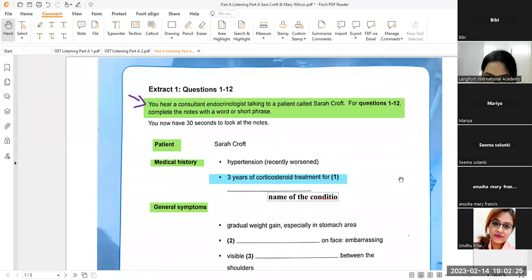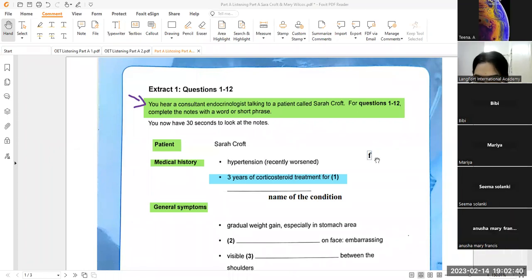The first thing, let me tell you. Whenever in your question, just before the gap, you get the preposition for, remember, after for, you can expect a noun. A noun is the name of something. So here we are looking for the name of the condition.